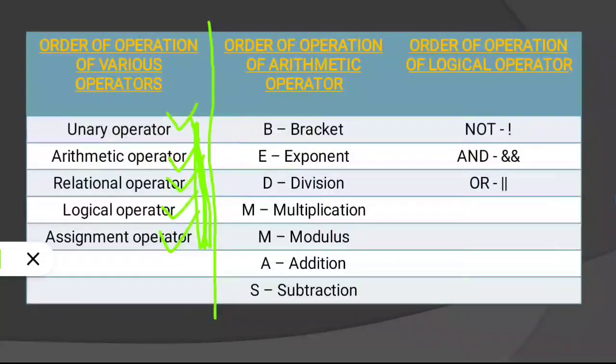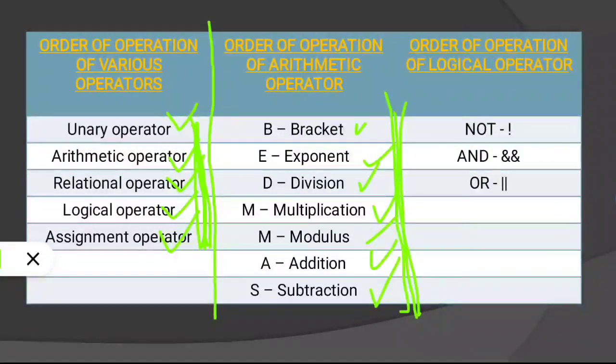Similarly if arithmetical operators are there, then which one we will solve first. Just now I told the formula BEDMAS. B for brackets, E exponent, D division, M multiplication, again M modulus, A addition, and S subtraction. This is the process to solve any arithmetical expression.